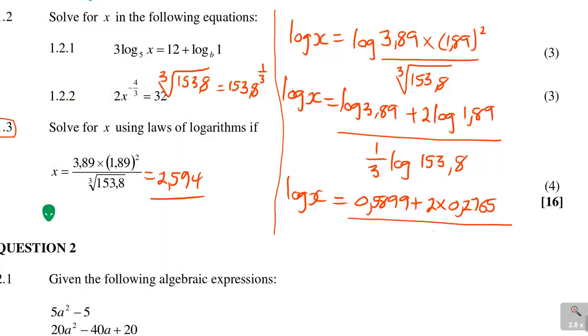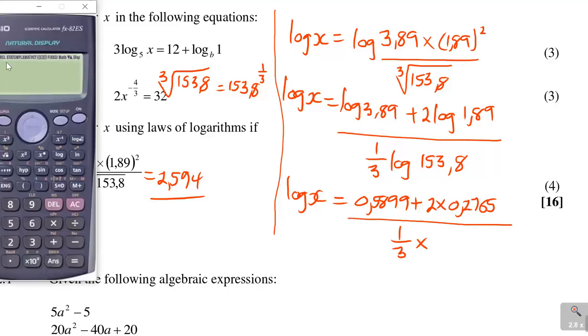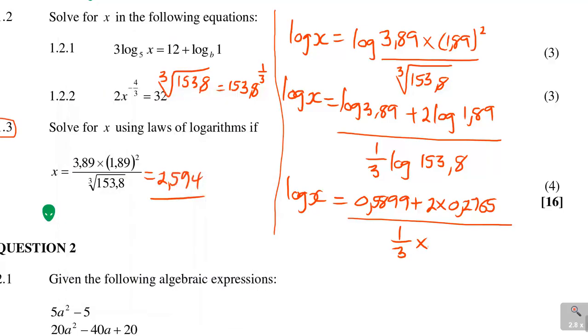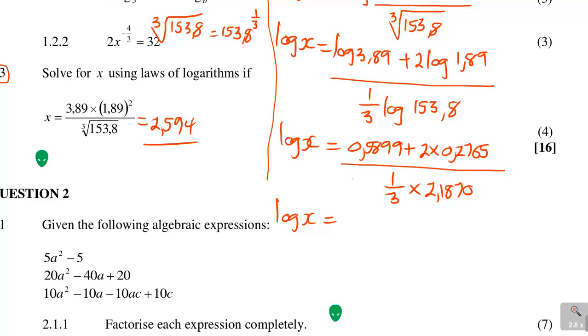Then over 1 over 3 is multiplying that log. We are finding log 153,8, and it gives us 2,1869, which is 2,1870. As I said, you say shift 6 4, then it is 2,1870.